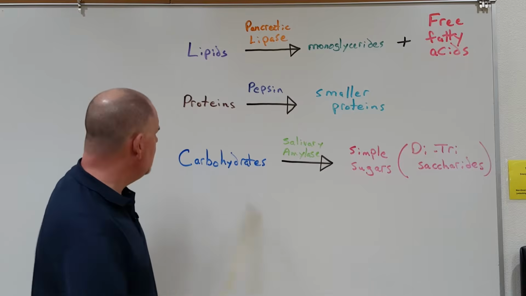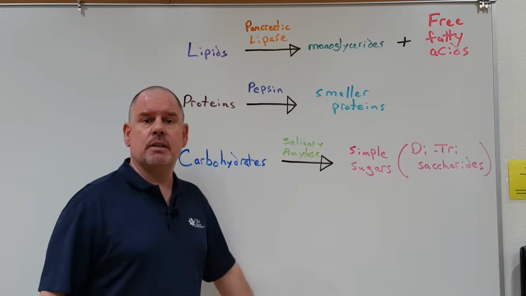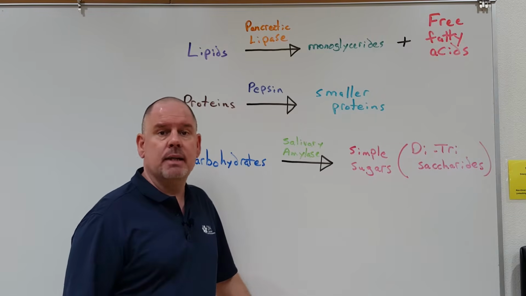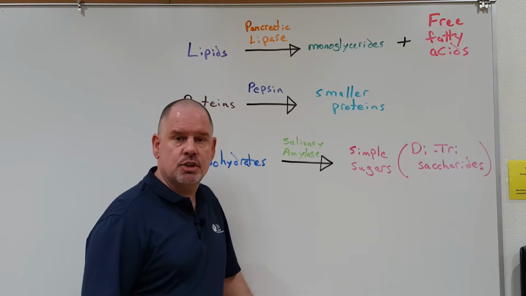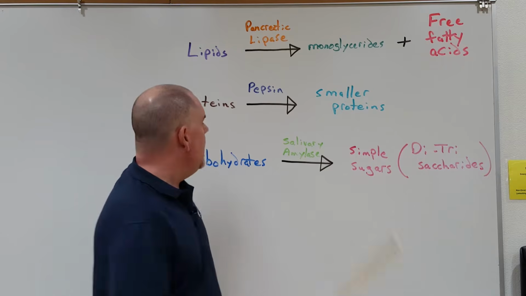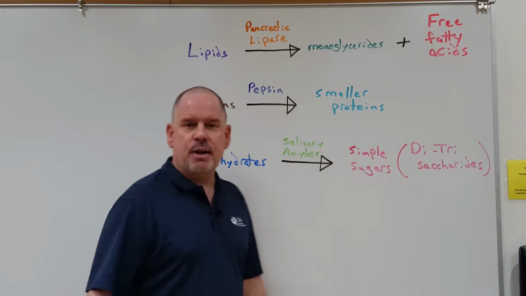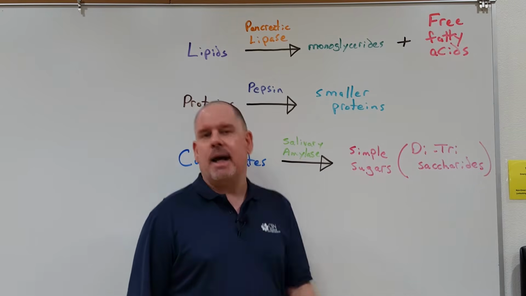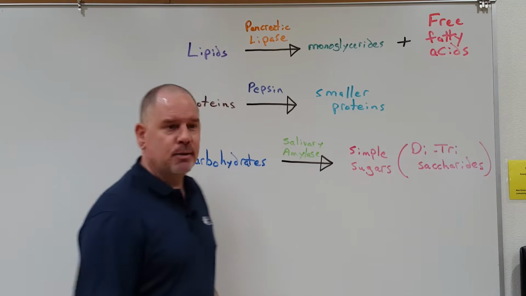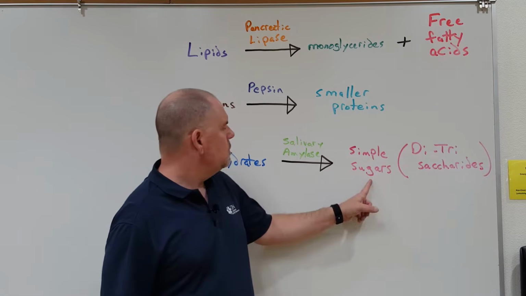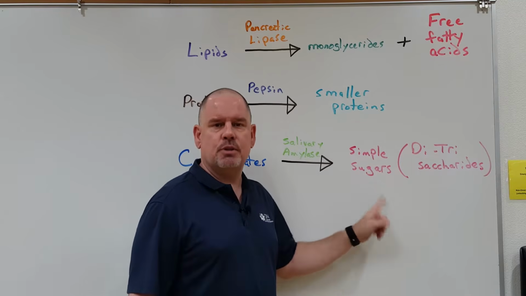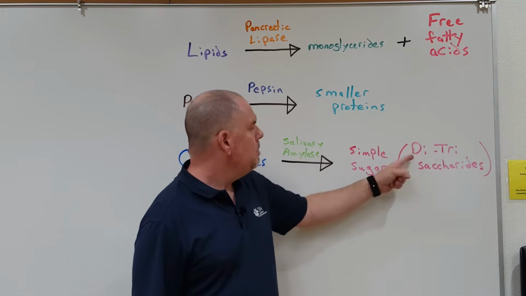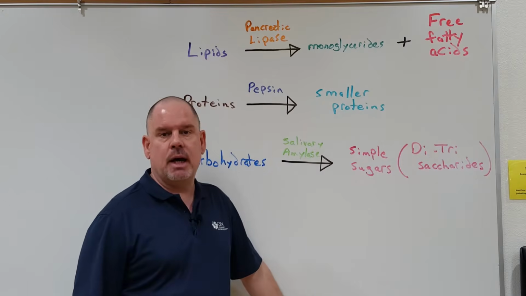And last but not least, our carbohydrates or polysaccharides. In lab, we will use the fairly typical starch molecule, and we will use salivary amylase that's going to come right out of here, my own saliva, to digest polysaccharides into simple sugars, meaning di and trisaccharides.